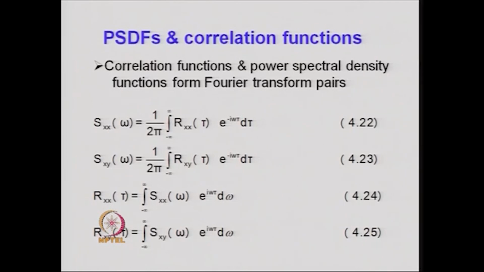Now, the correlation function and the cross power spectral density functions form the Fourier transform pair. So, that is what basically we are going to use now. Previously, in the case of seismic input, we said that the cross power spectral density function is equal to the power spectral density function of the ground motion multiplied by a coherence function.